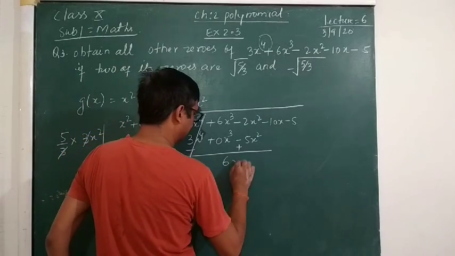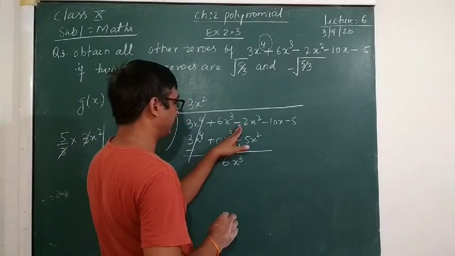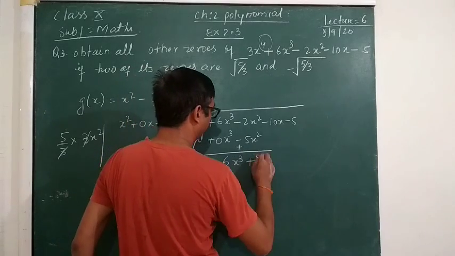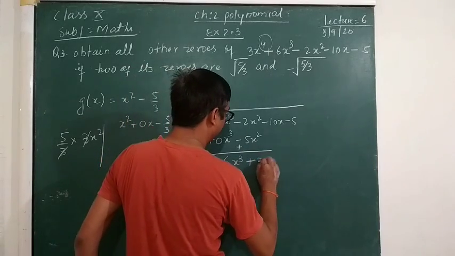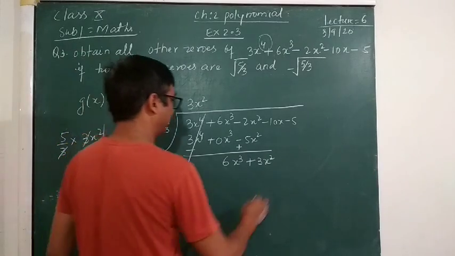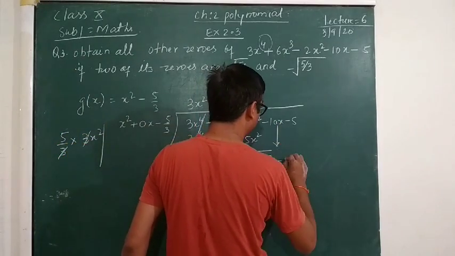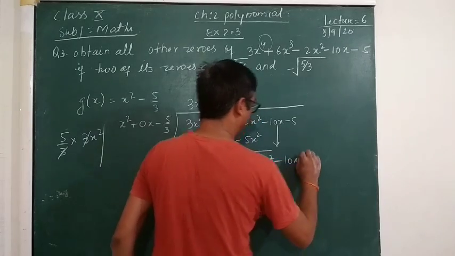Now we will write 6x^3 + 3x^2, and then bring the next term down, so it will be minus 10x.